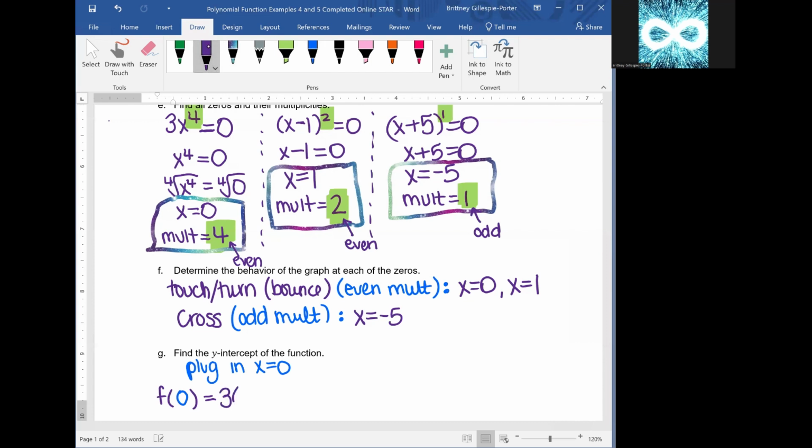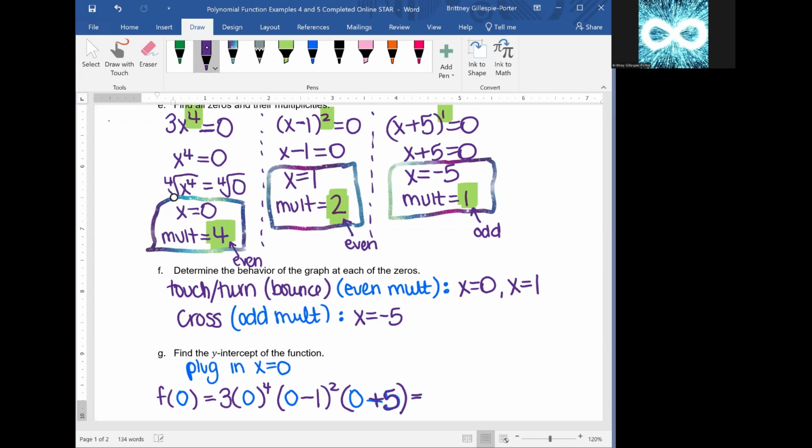We have 3 times, instead of x to the 4th, we're going to have 0 to the 4th, times (0 minus 1) quantity squared, times (0 plus 5). And we don't have to write to the first.